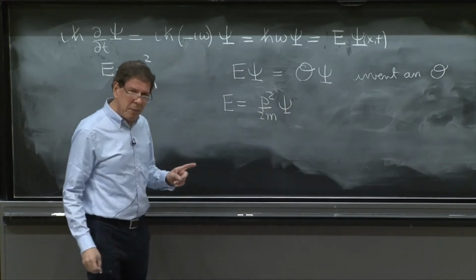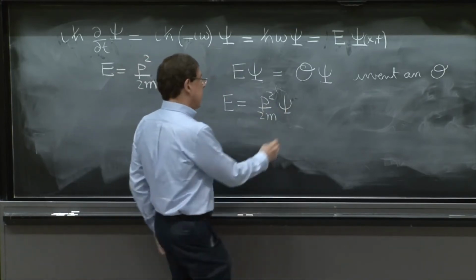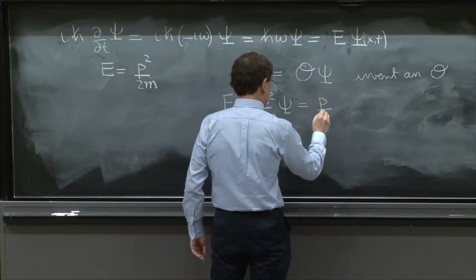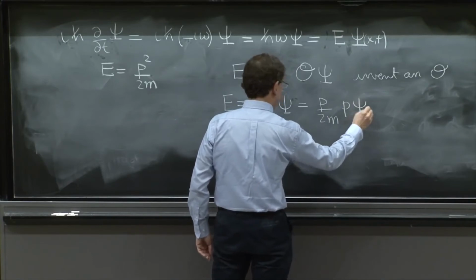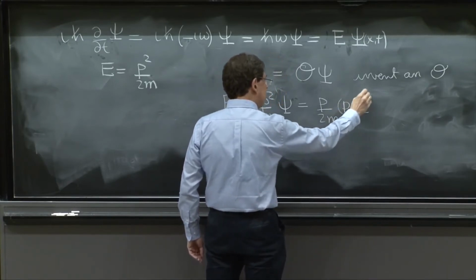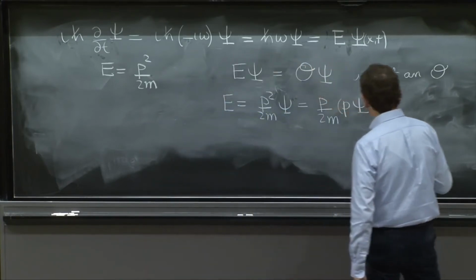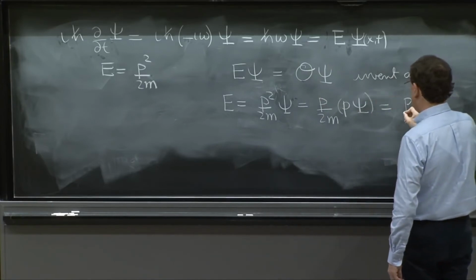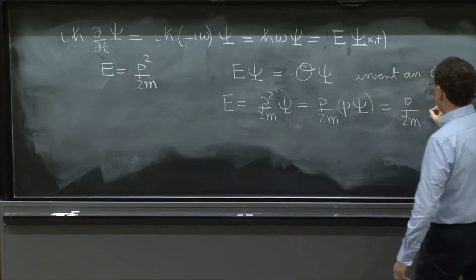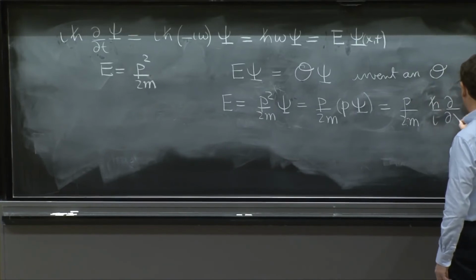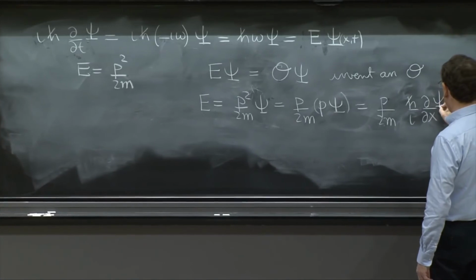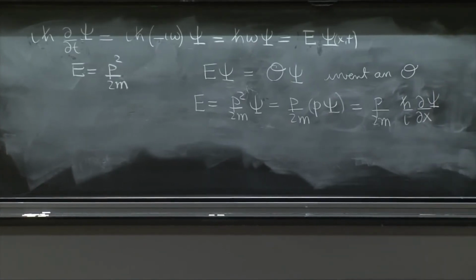But then you say, oh, p, but I remember p. I could write it as an operator. So if I have p times psi, I could write it as p over 2m, h bar over i d/dx of psi. Now, please listen with lots of attention.